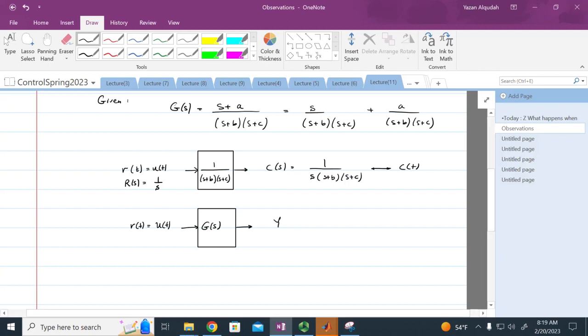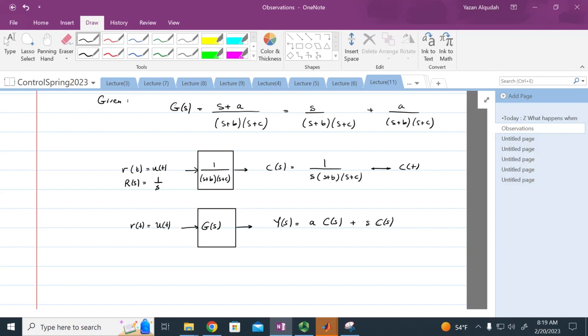Excellent. Y of s is going to equal A multiplied by C of s plus s multiplied by C of s. That's what you meant to say? Is that clear? Make sense?